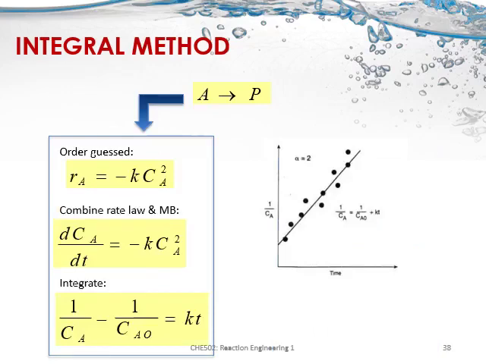In this slide, the order is second order. So this is the equation, second order. The next step is to combine rate law and material balance. Okay, from the material balance, we know that RA equal to dCA over dt. Okay, now dCA over dt is equal to negative K CA squared.